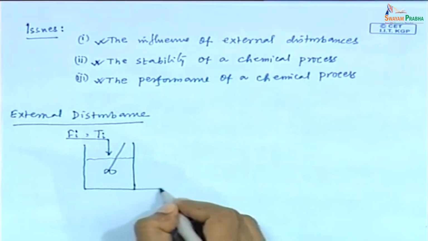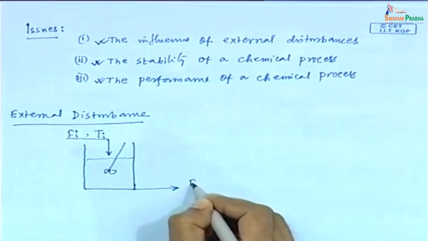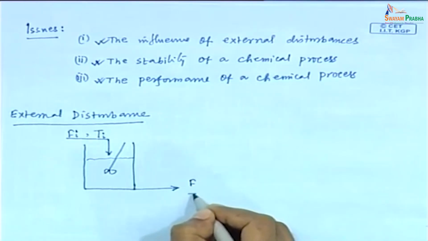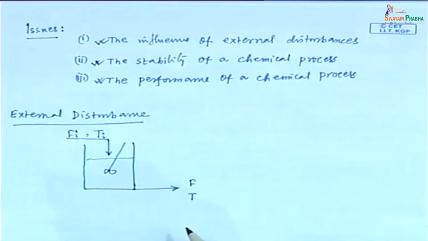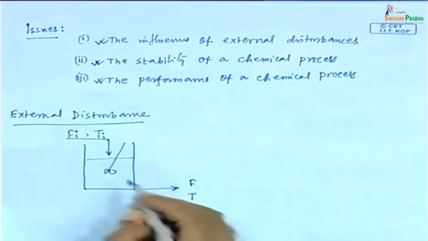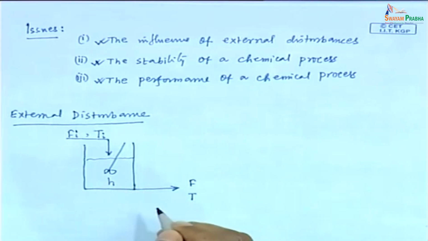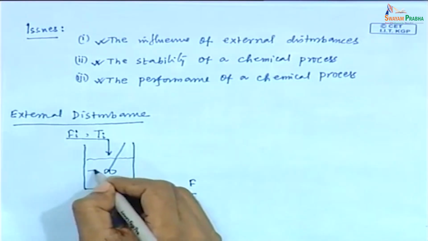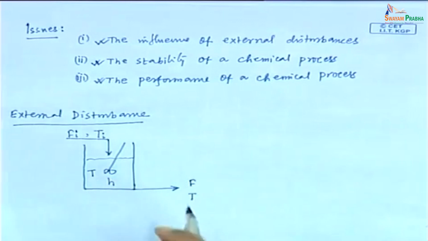The outlet stream flow rate is F and temperature is T. Now the liquid in this tank has the height of H. Definitely the temperature is also T, because we are considering a stirrer.